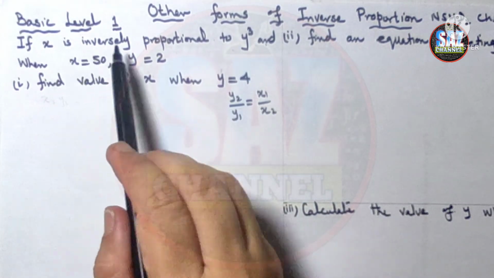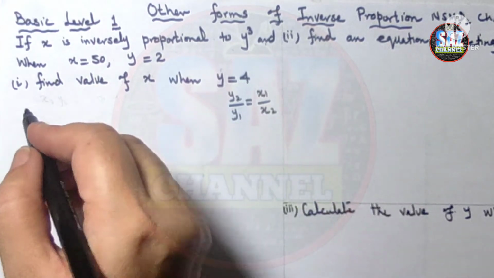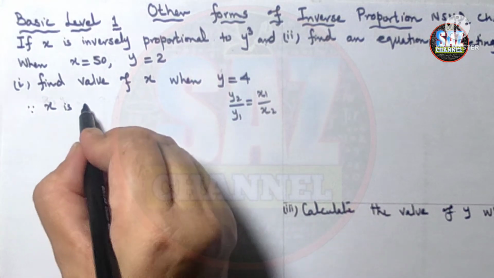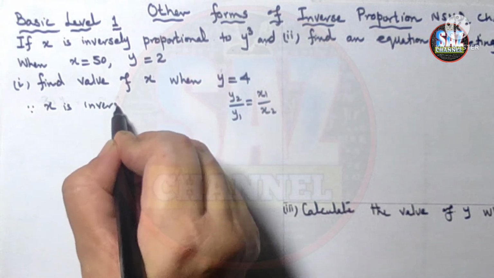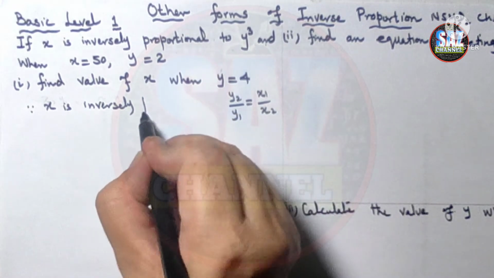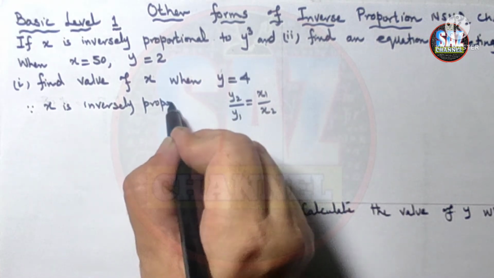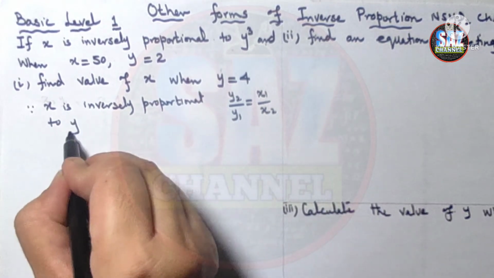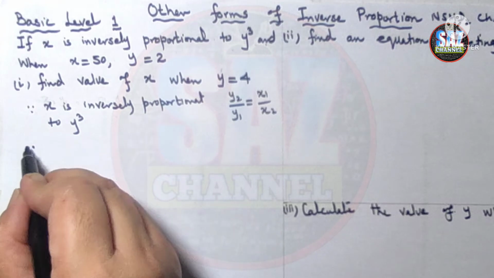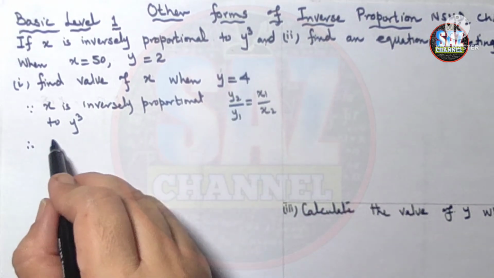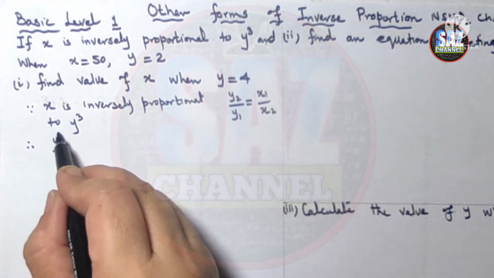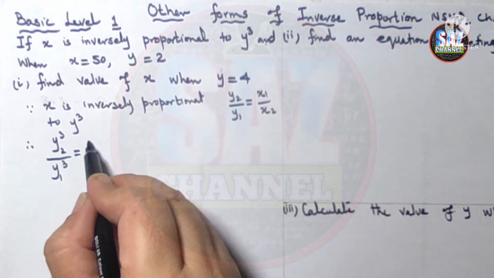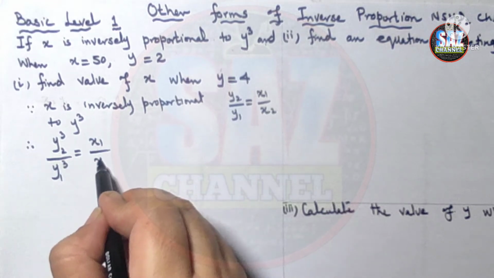Now look, x is inversely proportional to y cube. So what is going to happen, students, is that y2 cube upon y1 cube will be equal to x1 upon x2.